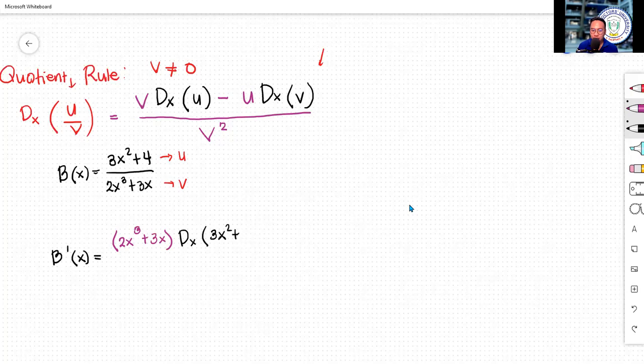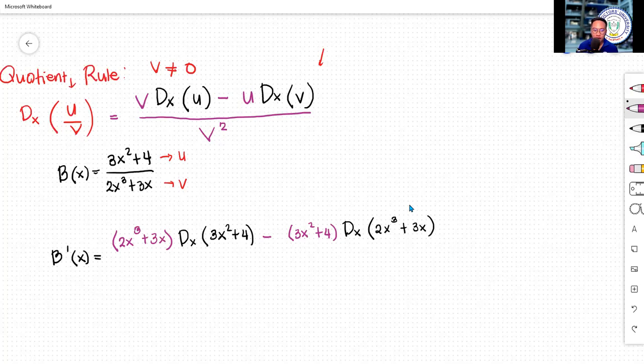3x squared plus 4. And then minus the u again, 3x squared plus 4. And then dx, 2x cubed plus 3x.